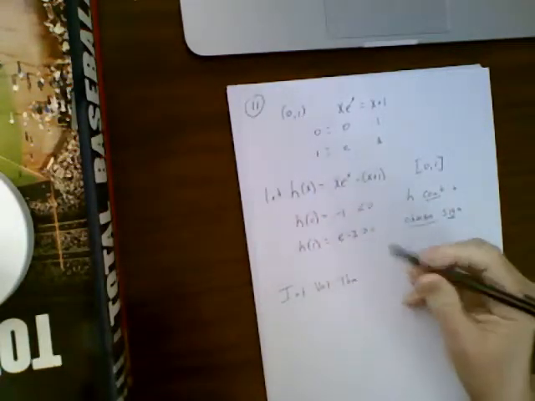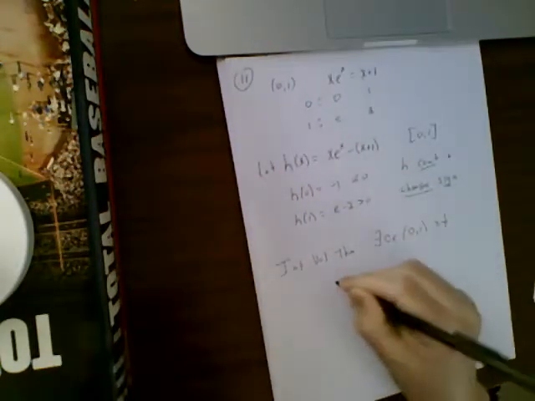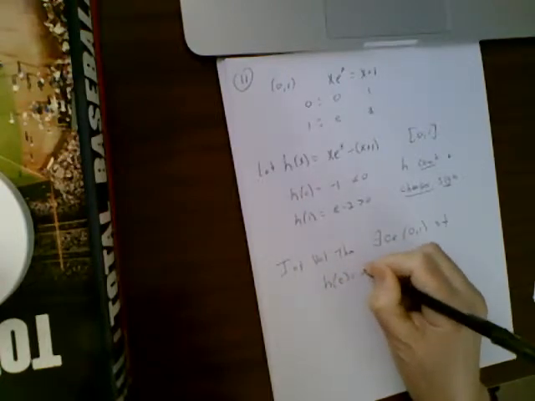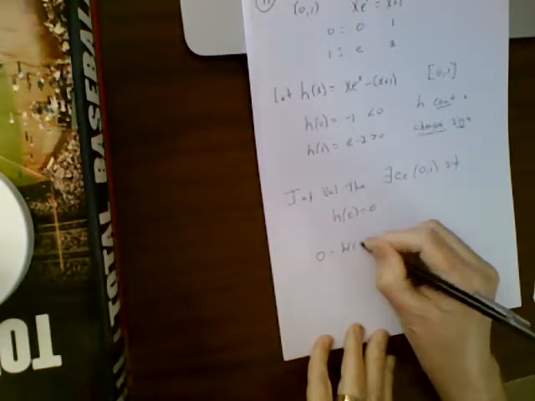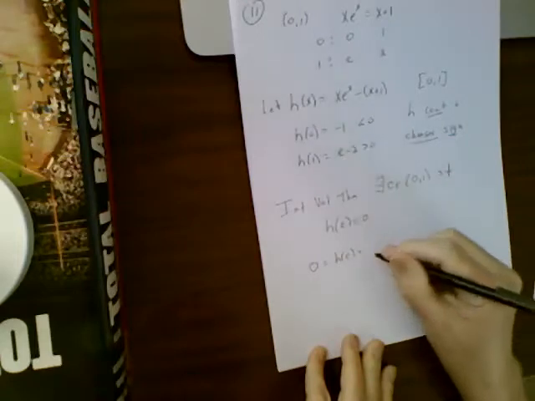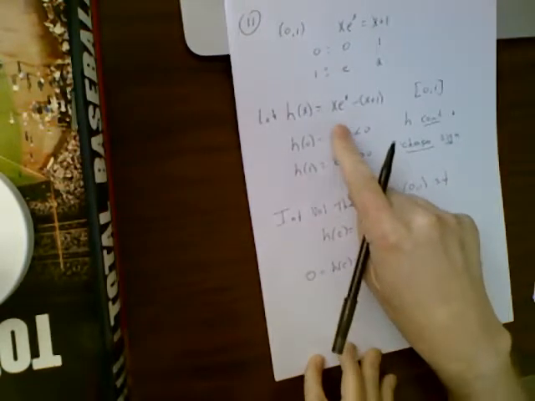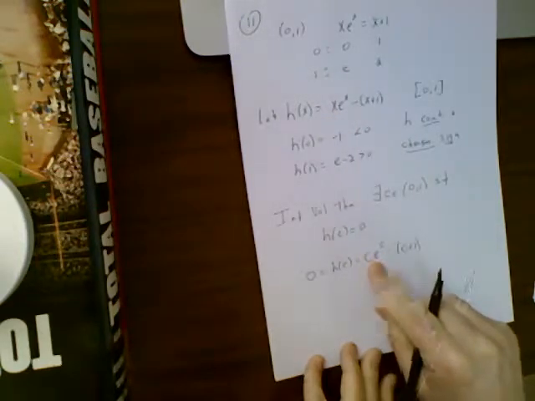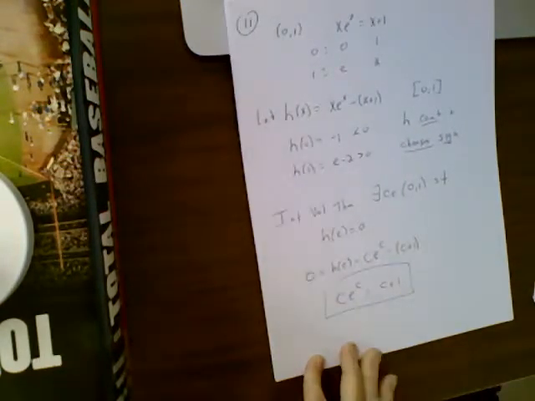That's the open interval. There exists a point c in the open interval 0, 1 such that h of c is equal to 0. But h of c being equal to 0 says c e to the c minus c plus 1 is equal to 0, or it says that c e to the c is c plus 1, which is exactly what we want.